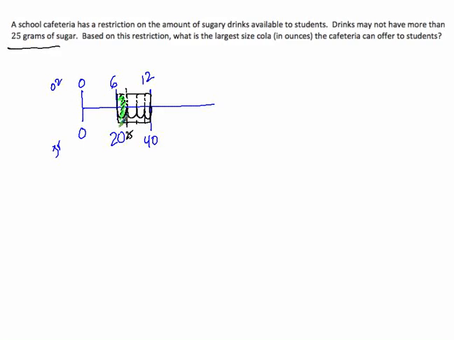So we're thinking, what's going to be 1/4 more ounces between 6 and 12? What would that value be?